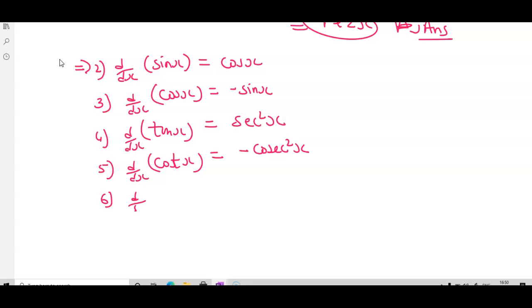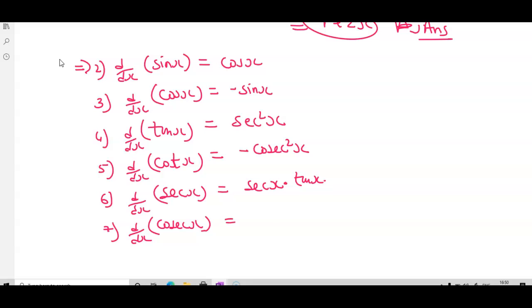D by dx of sec x is going to be sec x into tan x. Derivative of cosec x is minus cosec x into cot x.